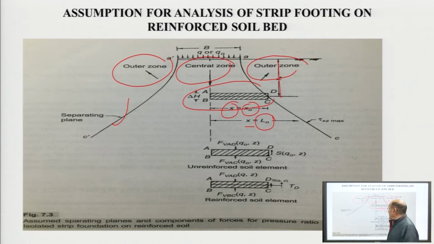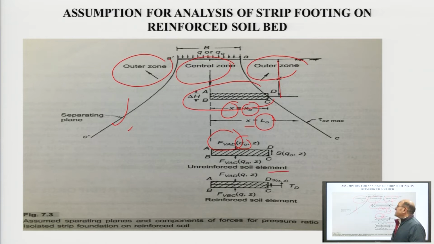Inside the separating zone, the shear stress will be maximum, means this is the line under which the shear stress tau xz will be the maximum. So, we say here this is the V AD, means force vertical on plane AD, that will be Q0 into Z. This condition is for unreinforced soil element.